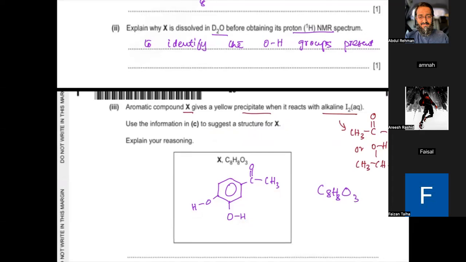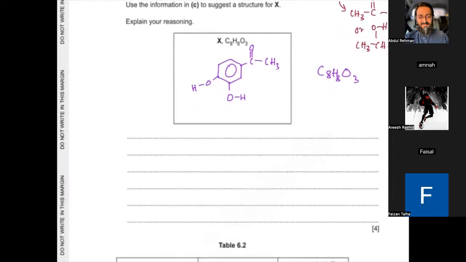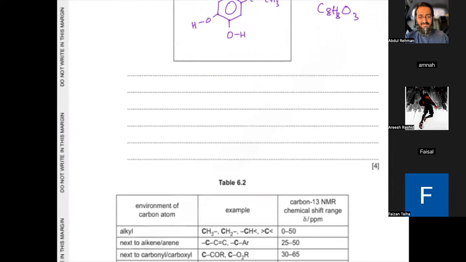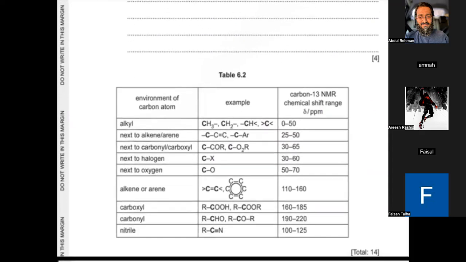Is this clear? Now, have a look. It's for 4 marks. I've identified this structure. If you see, we have a carbonyl, C=O ketone. Its signal is at 190 to 220.